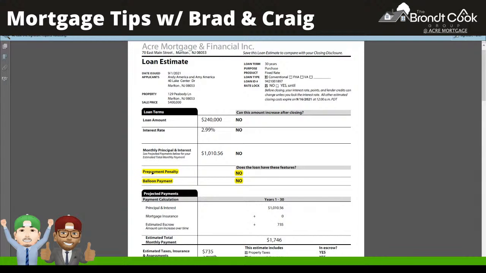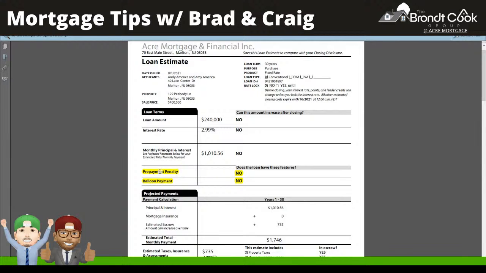And balloon payment, that just means is the sum of your loan, or the balance of the loan, due before the term ends. This was a feature that was offered during the subprime days, where they had loans called like a 30-15 balloon, where the payment was amortized over a 30-year loan.